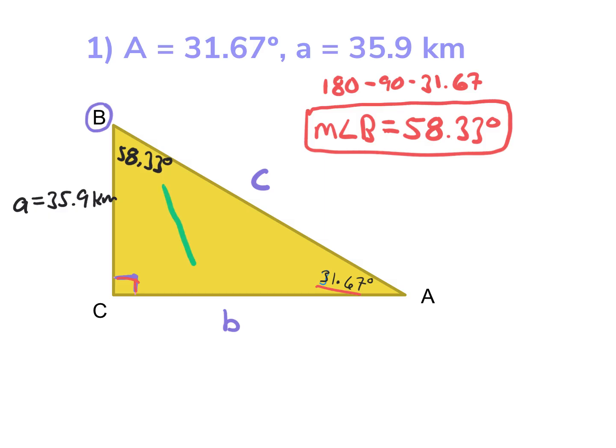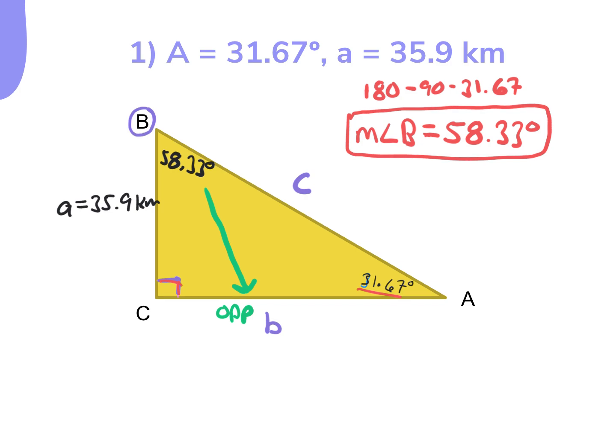Using SOHCAHTOA, how do we label this side, B? Opposite, adjacent, hypotenuse? What is this going to be? Okay, good. So this is the opposite. All right, and then you always want to use some piece of information that you're given, right? You're given side A. What is side A with respect to angle B? Good, right? The adjacent.